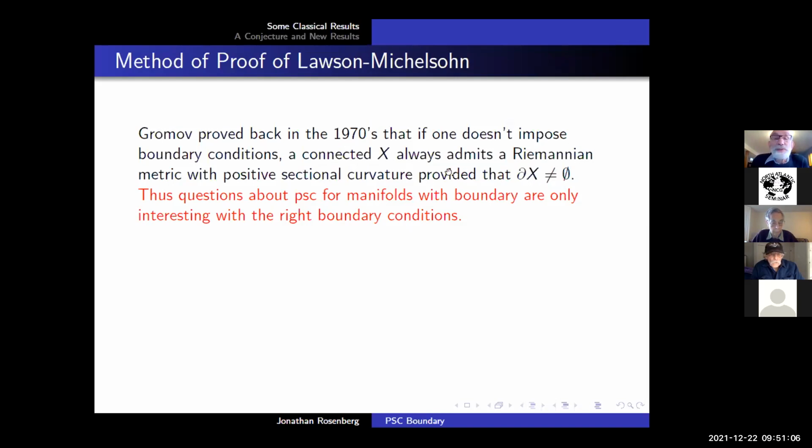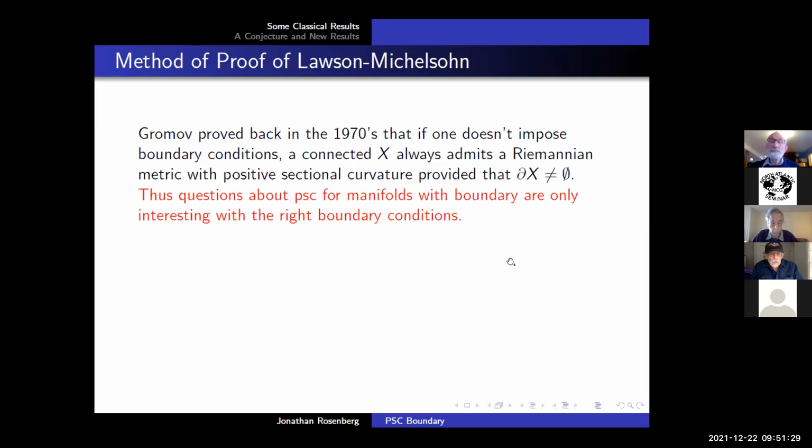That's because of the h-principle. Positive scalar curvature for manifolds with boundary is only an interesting question if you impose the right boundary conditions. If you don't impose any boundary conditions, there is no obstruction to anything.